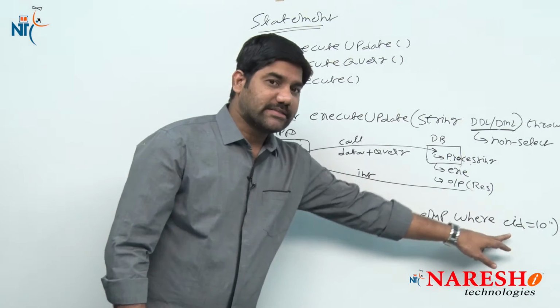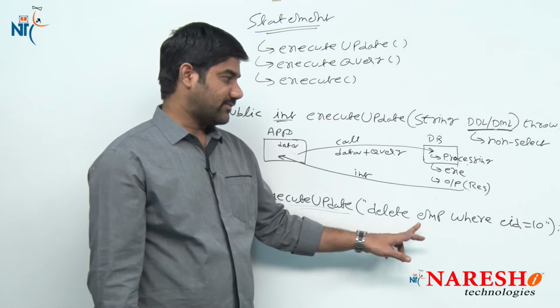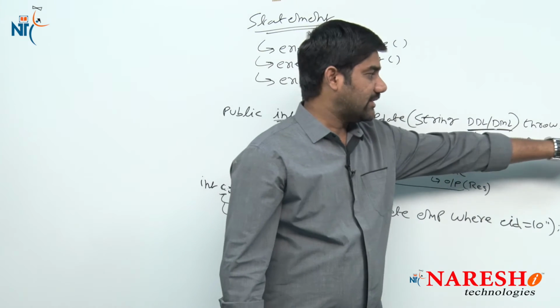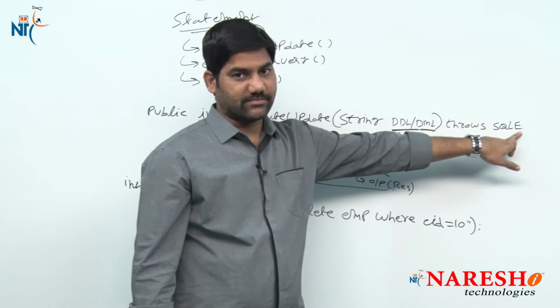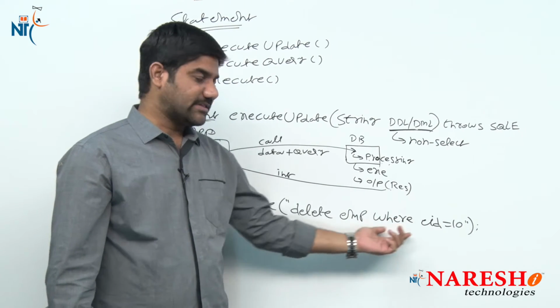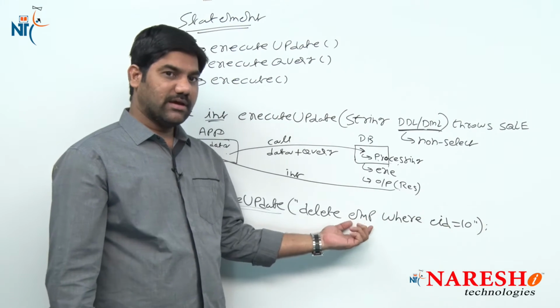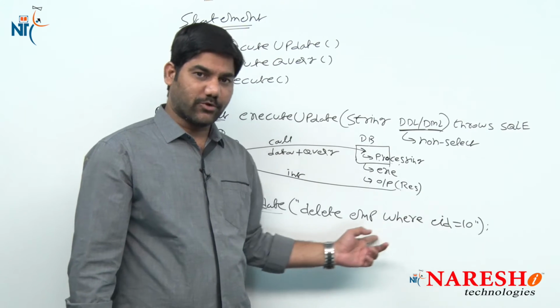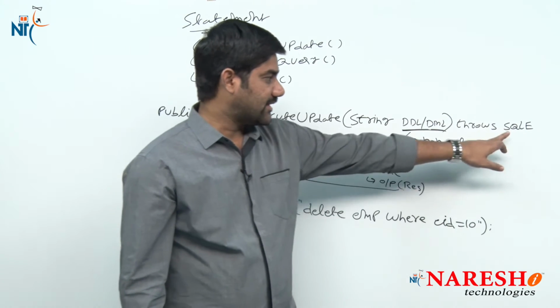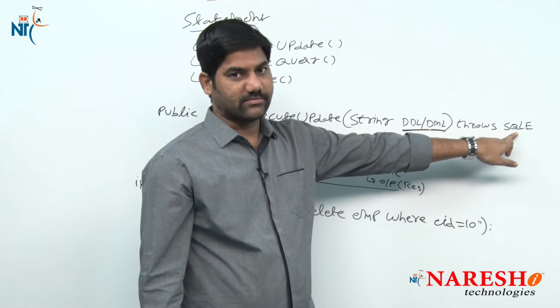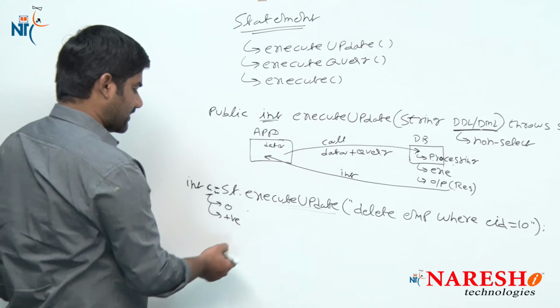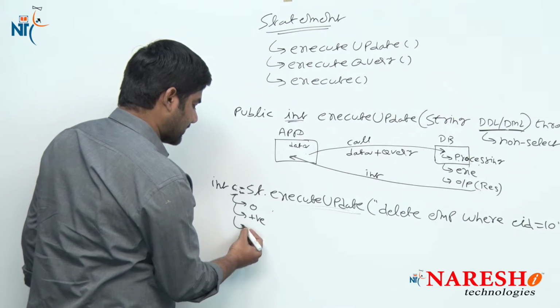If the query has any syntactical mistakes, sir, for that we have an option called SQLException. The query is not designed properly, or the column name is wrong, or the table name is wrong, or the where condition is not implemented properly. For all these things, the result is SQLException. So from the same method, you have the chance to get an exception also.